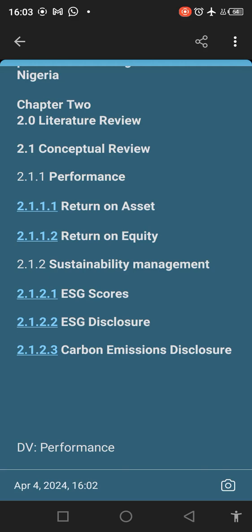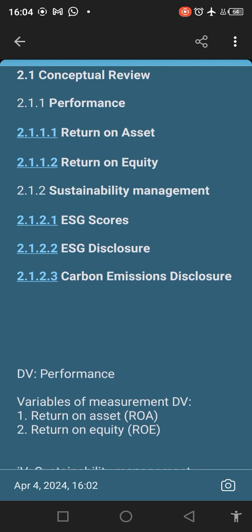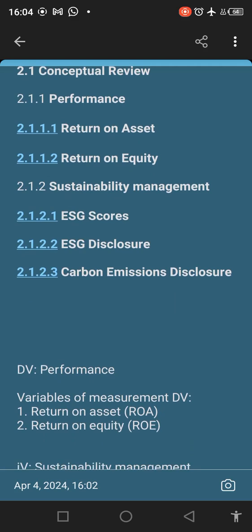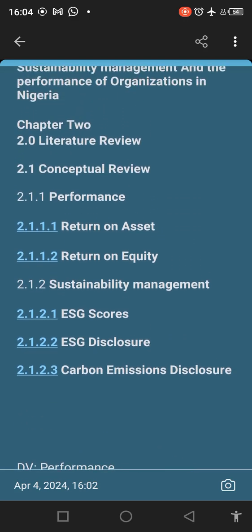We have return on equity. Then underneath my independent variable is sustainability management. And what do I have underneath my independent variable? Which are my variables of measurement? I have ESG disclosure, ESG scores, and carbon emission disclosure. We are going to discuss them in detail.